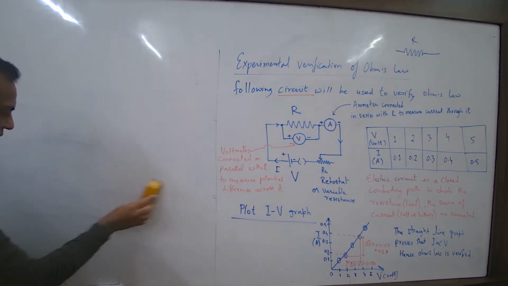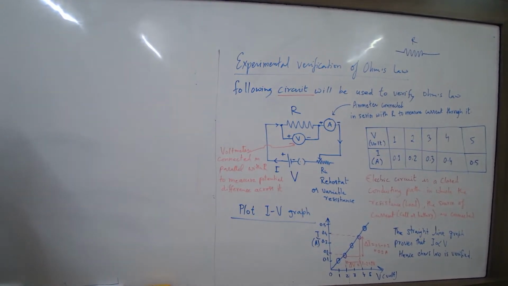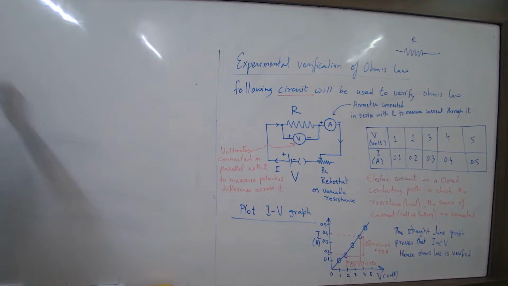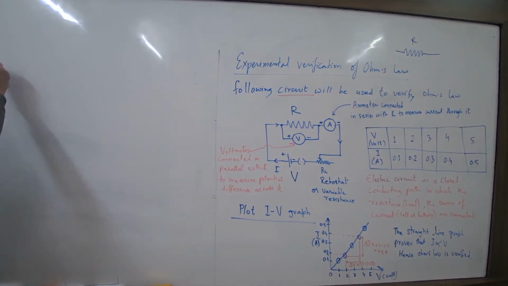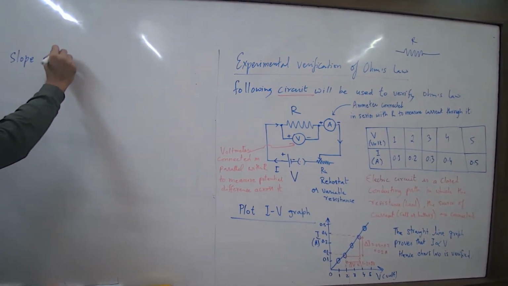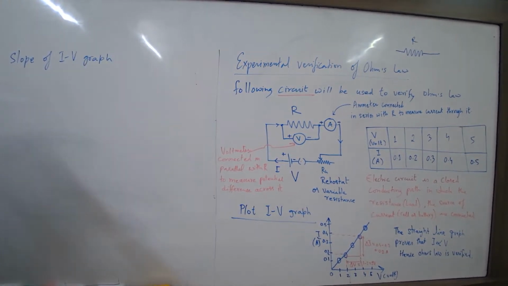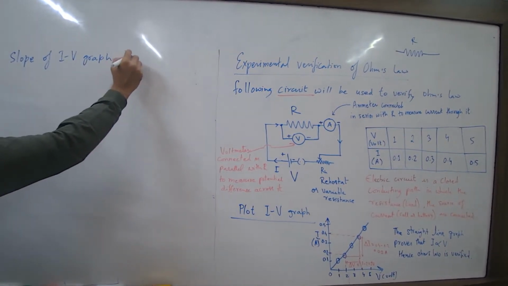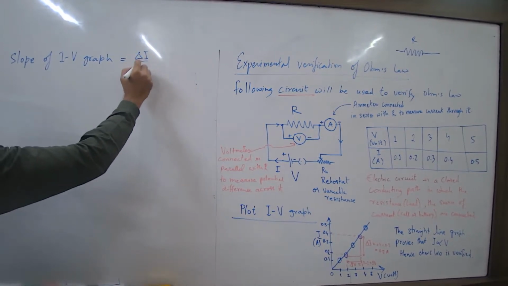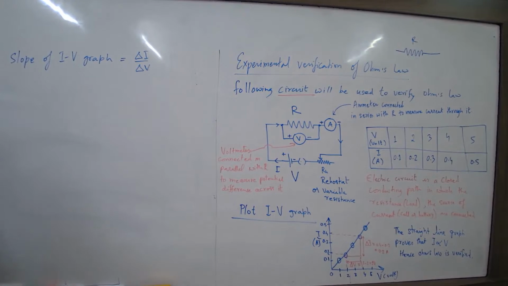The slope of the IV graph is equal to delta I upon delta V. Right?